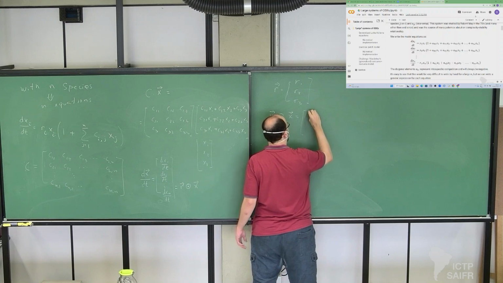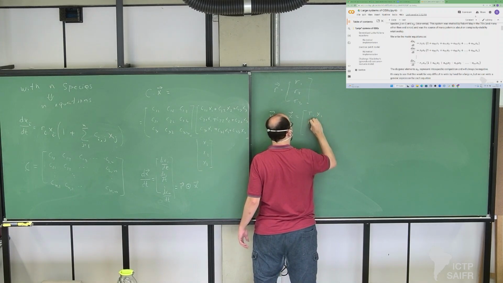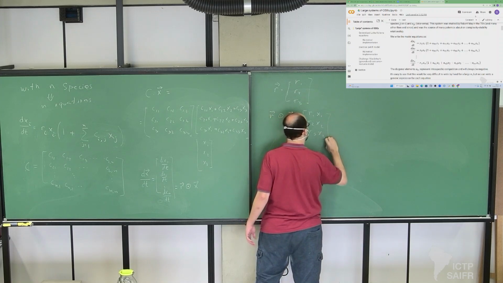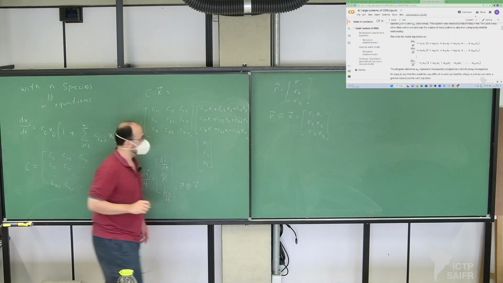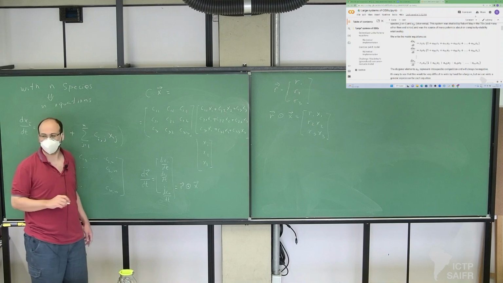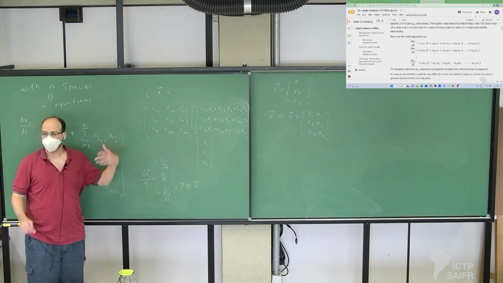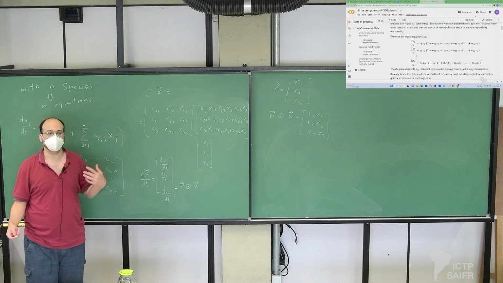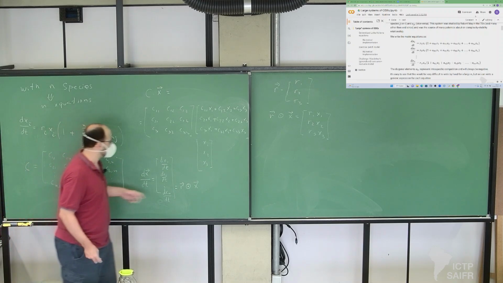It's going to be R1 X1, R2 X2, R3 X3, right? So it's a product of two vectors that is element by element. It's just what happens when you multiply two arrays in the computer. It does it element by element, okay? So this is it here.